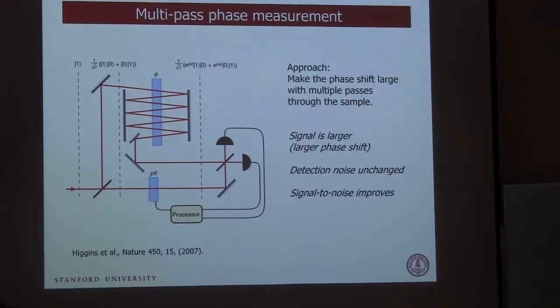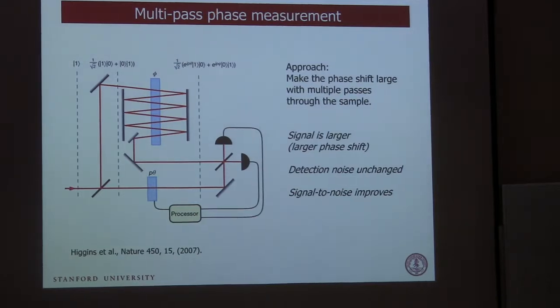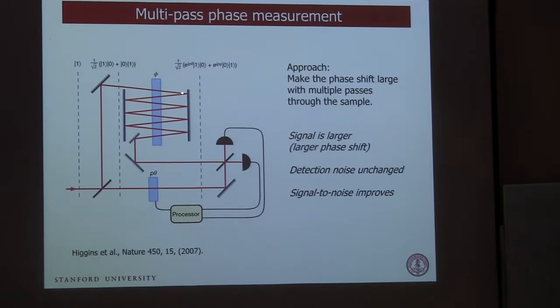And what's one thing you would intuit if you were going to try and measure a small phase shift? You're going to be better off having your probe particle, in this case a photon, go through the thing that's making the phase shift more than once. Why? Because as the probe particle zigzags through that plate, the total phase shift on the beam is not φ, but n times φ, where n is the number of passes through the object.